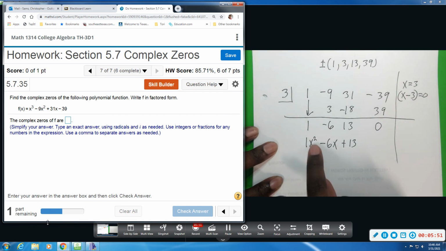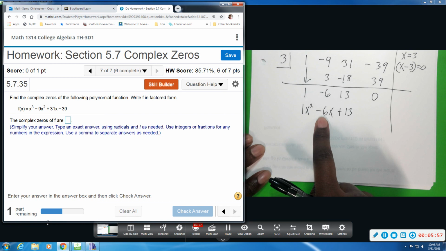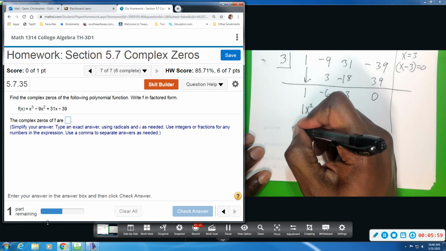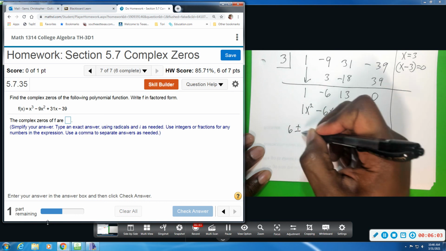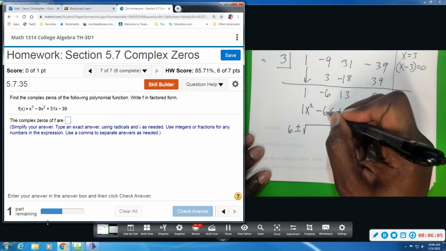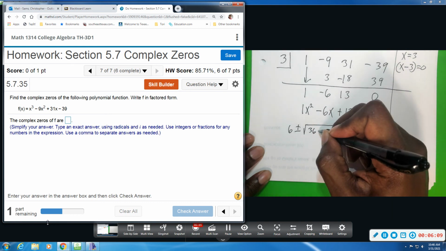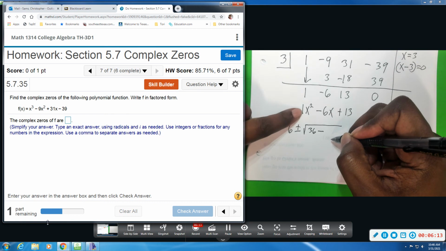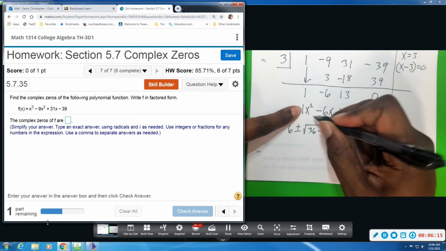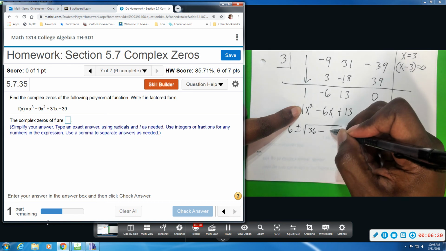Now that we have a quadratic, we can do the quadratic formula. Okay, so I'm going to set that up. We're going to do negative b, which is going to be a positive 6, because it's opposite. Positive 6 plus or minus the square root of b squared, so 6 squared is 36, minus 4 times a, which is 1, times c, so 4 times 13, that's giving us 52.